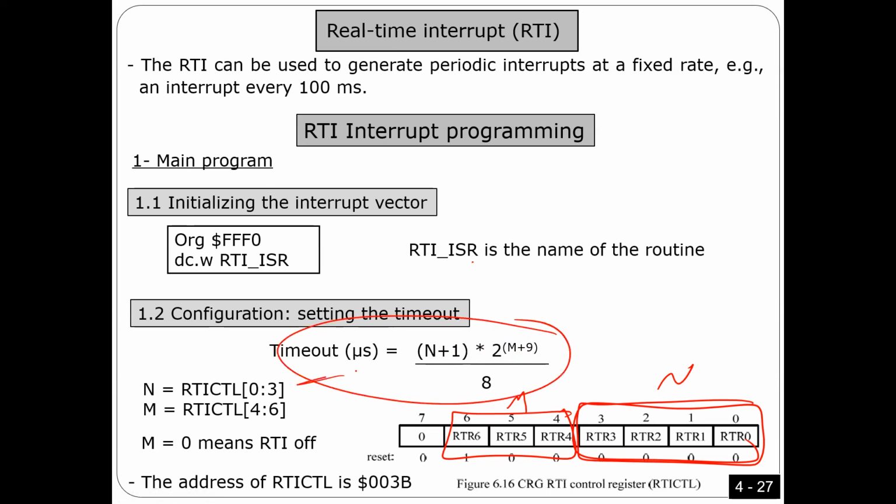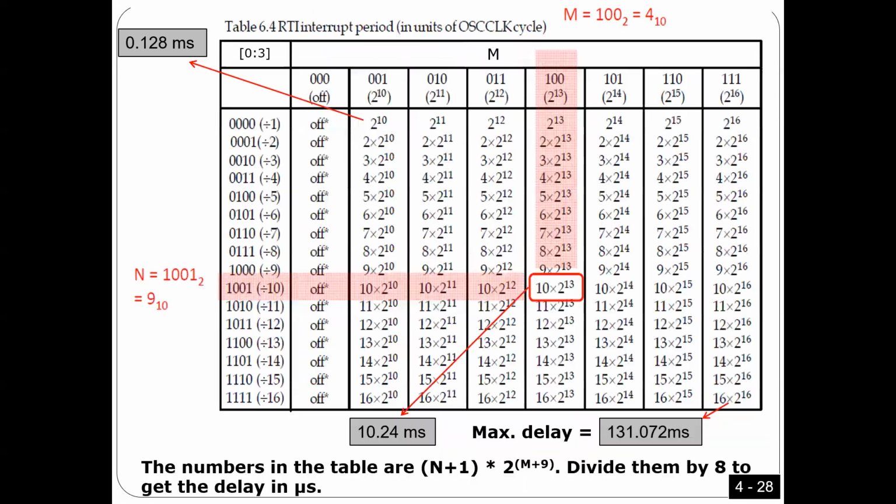So based on the timeout you need, you have to see what is the value of N, what is the value of M, and put it here. But that's too complicated. So this is the relation between the value of N and the value of M you write in this register. Okay. In order to make it simple, I created this table here.